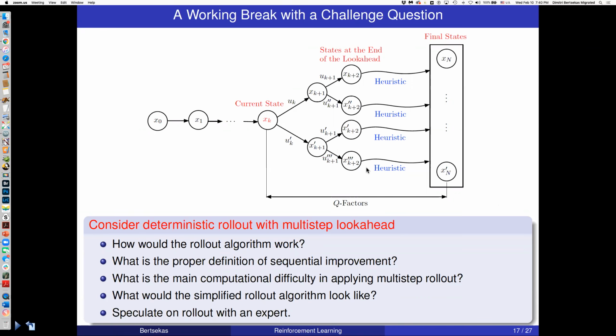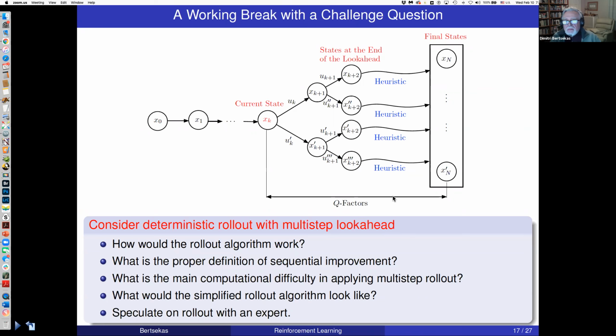I guess a comment. The total number of heuristics that we will have to run will be the number of branches out of xk times the number of branches out of each of the nodes that happen from xk+1, right? In this case it's 4, but it will be any possible number of combinations. And that's the total number of heuristics that we will run, correct? Right. It depends on the branching factor of the tree, the number of leaves, basically.